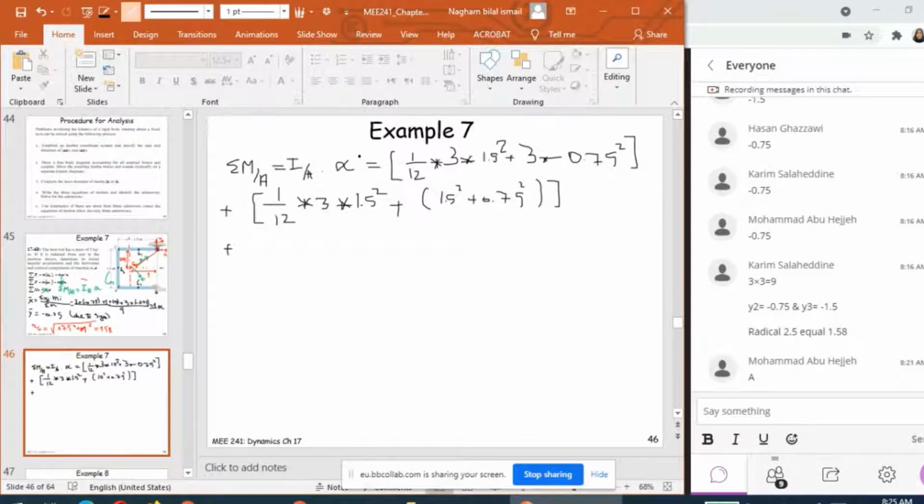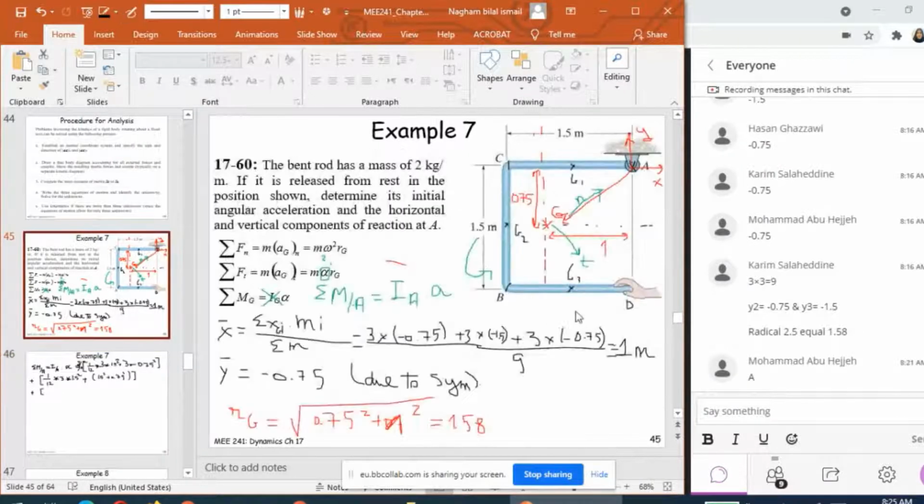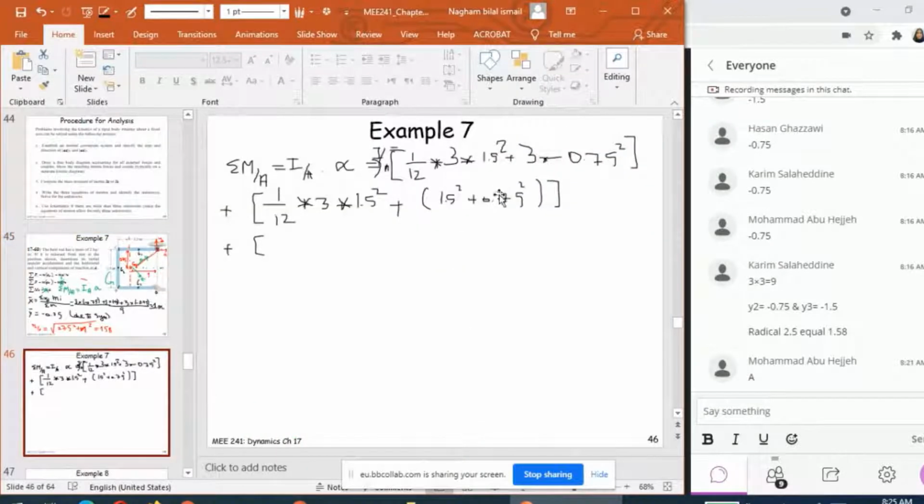And the last term, of course, this is I with respect to A, guys, okay? And the last term is 1/12 times 3 times 1.5 squared plus the distance between A and G3, which is also 1.5 squared plus 0.75 squared, which is the same as this one. Alright, so it is the same.